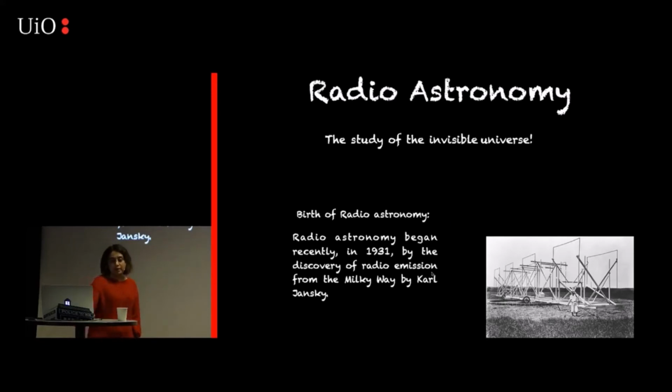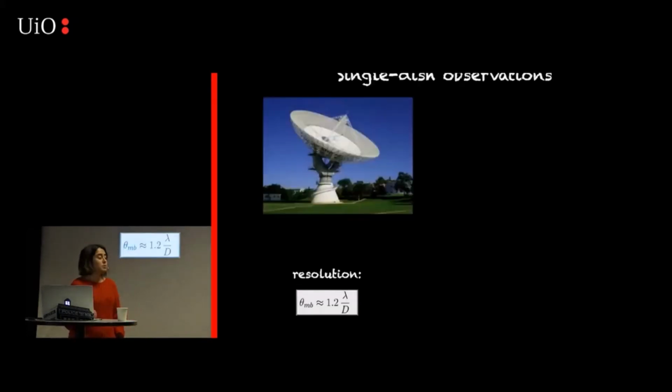But nowadays, we are not using antennas like this. The new generation of radio telescopes mostly look like this. One problem that astronomers faced at the beginning of radio astronomy was the resolution of observations.